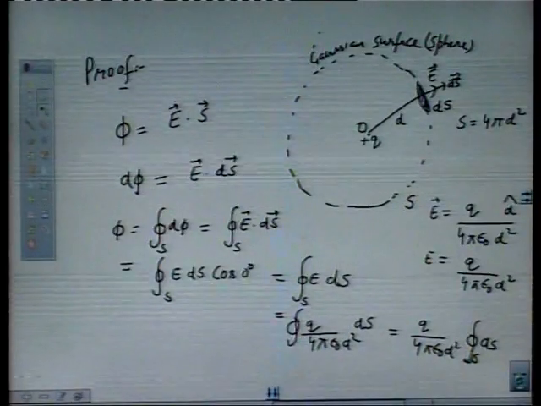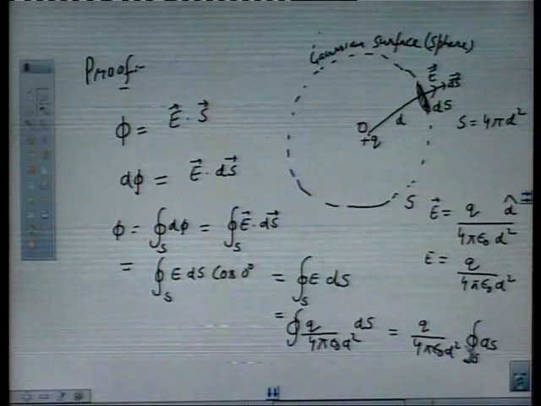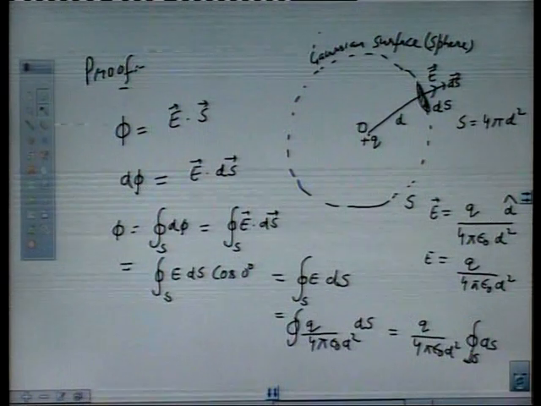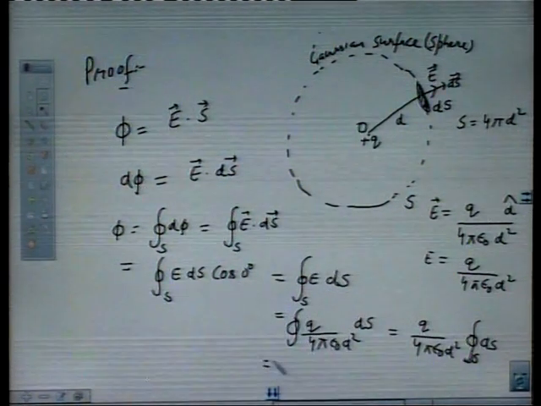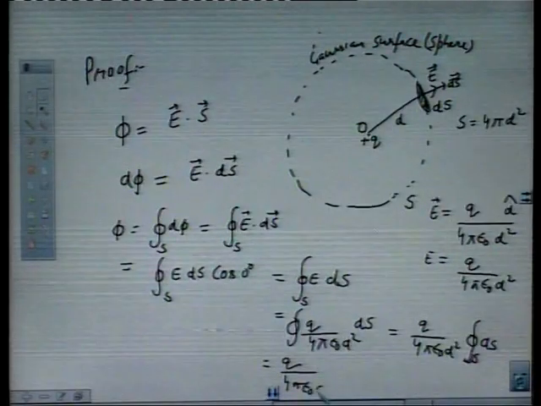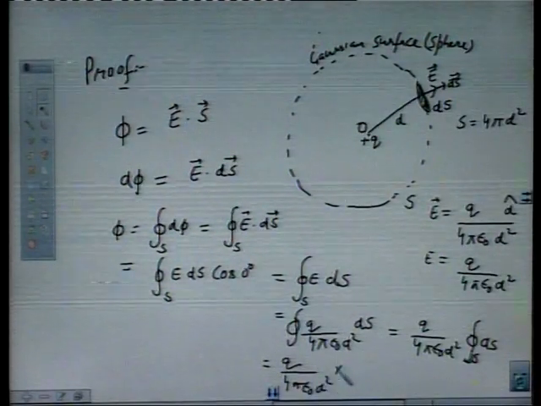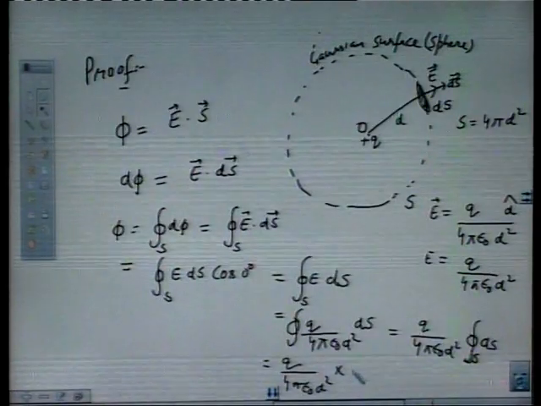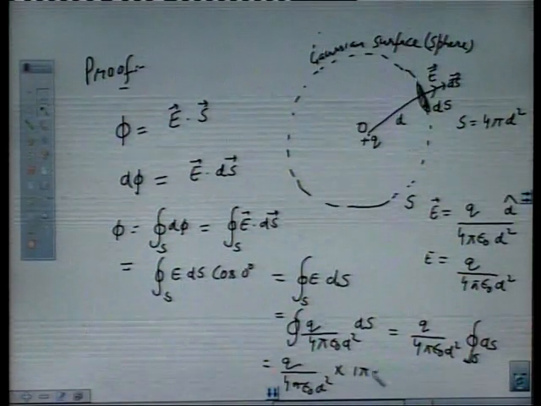So, when we integrate ds, we get the total surface area S, which gives q upon 4 pi epsilon naught d square into S. S is equal to 4 pi d square.